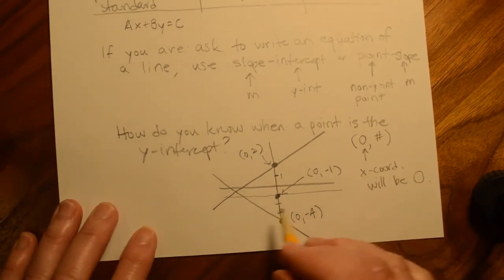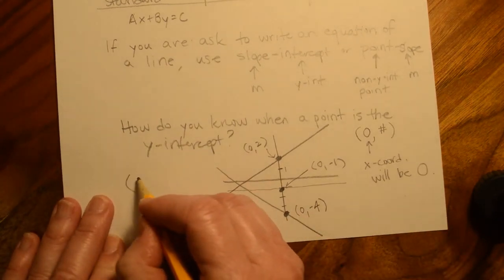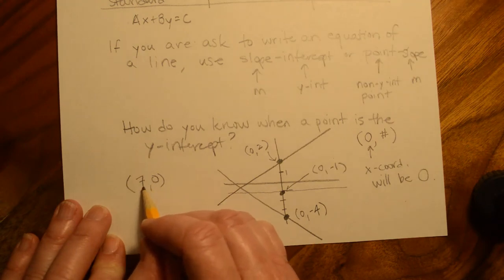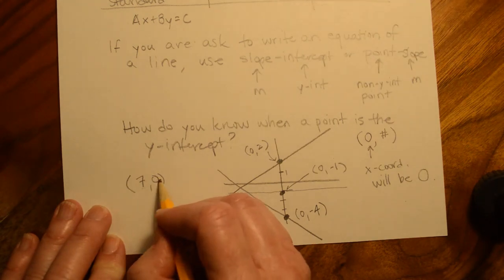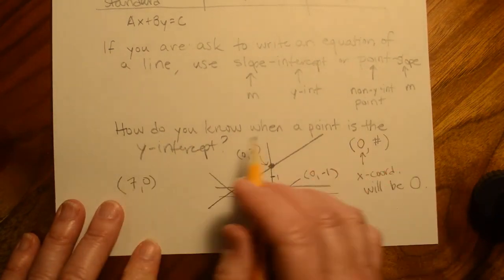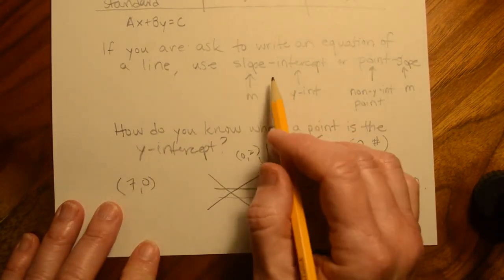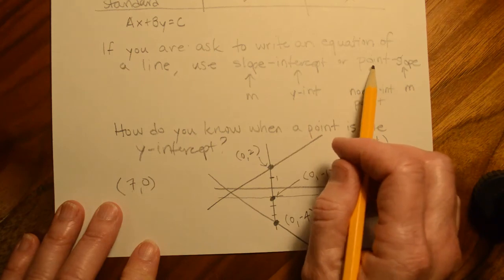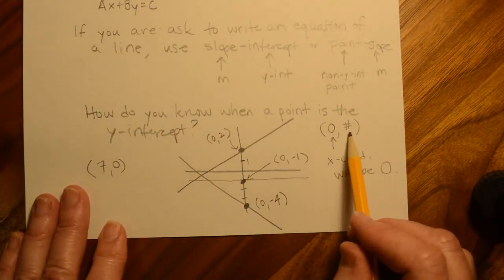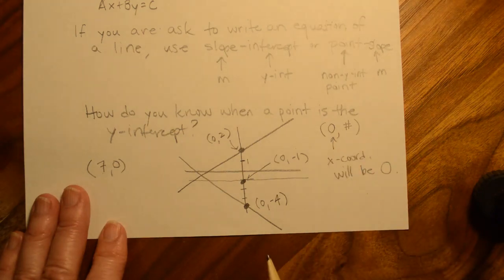Don't get confused with somebody that gives you a point like 7, 0. That is not the y-intercept because the x-coordinate is not 0. The y-coordinate is 0. So this would be the x-intercept. So when we are asking about whether we have a random point or whether we have the y-intercept, we're always talking about a point that's in that form, 0, comma, some number.